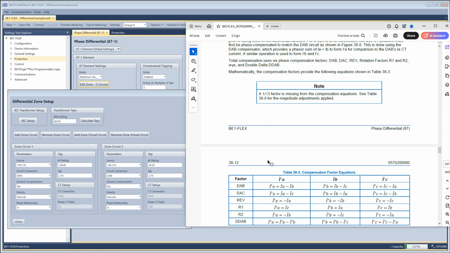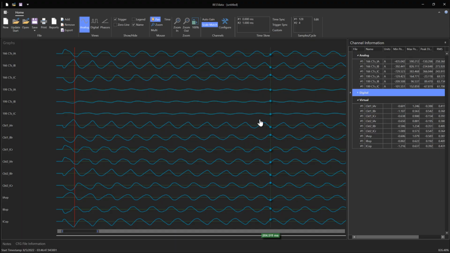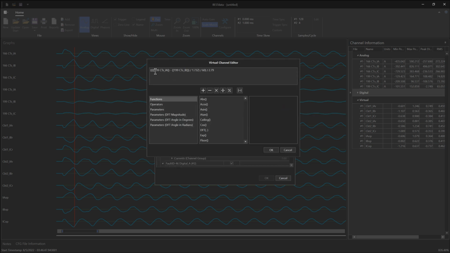So a couple of the pieces that you're going to see, we're going to take the delta compensation, so our compensated current of A is going to be IA minus IB, and also include the square root of 3 as well as CT ratio and tap factors. So now when I look at what's been configured, I can look at that circuit 1 that's been already compensated and mathematically calculated, and I can look at the math.